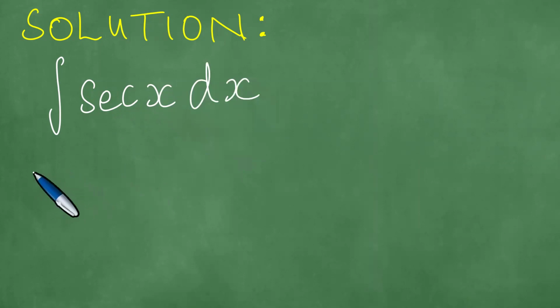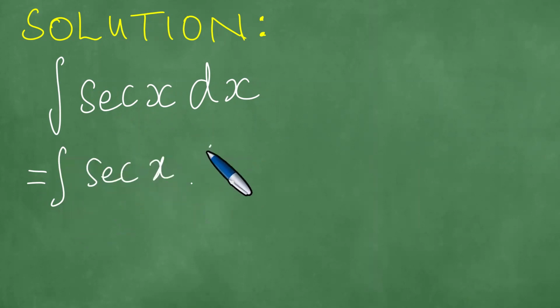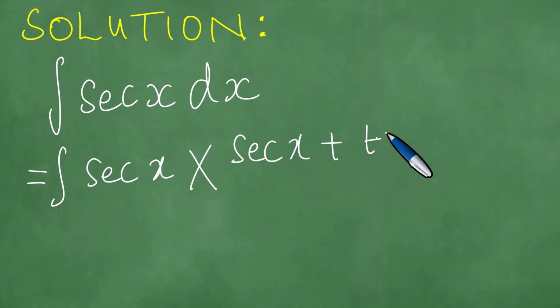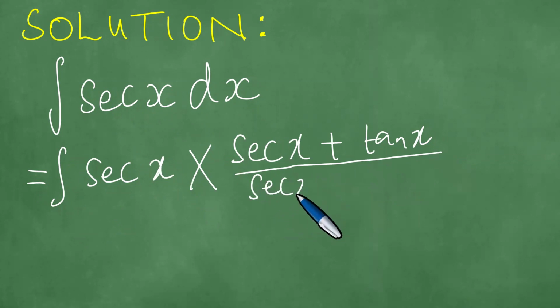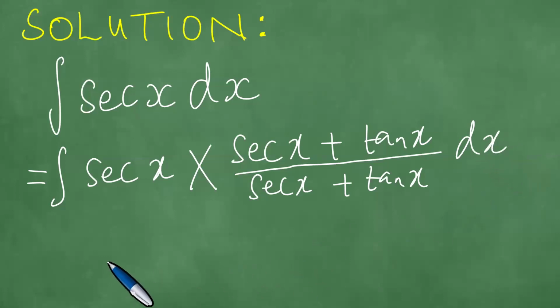And what we then do is to consider the integral of the secant of x, and we proceed to multiply this by the secant of x plus the tangent of x, divided by the secant of x plus the tangent of x, with respect to x.